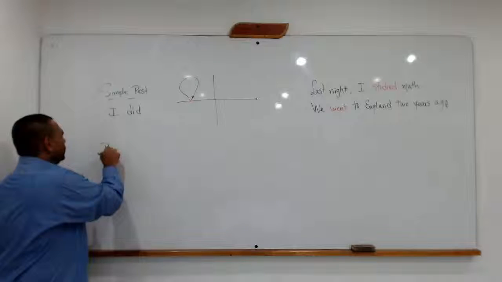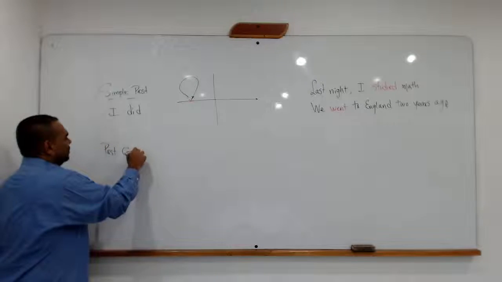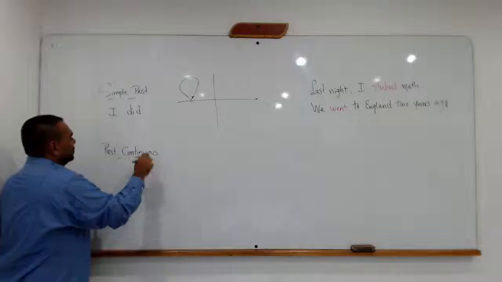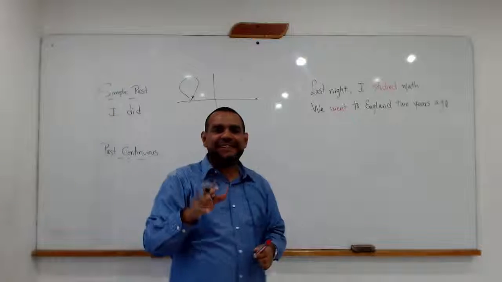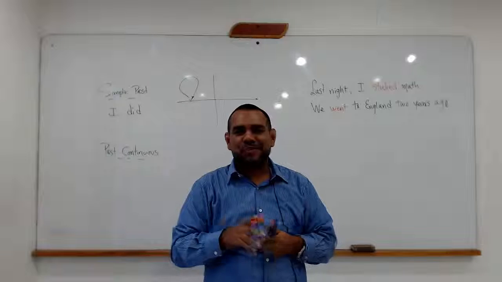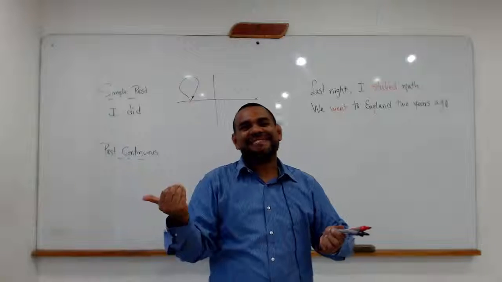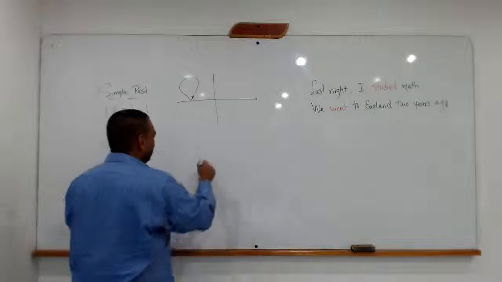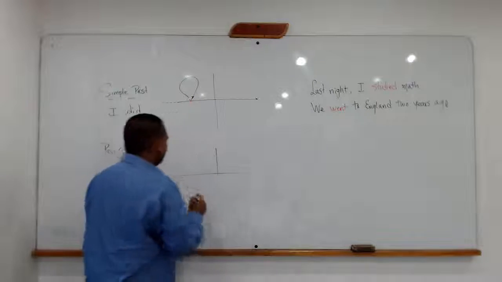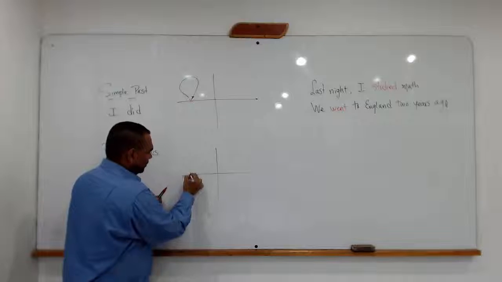Now, past continuous. Past continuous, let me tell you and let me put it in these terms. Past continuous is the same present continuous, but in the past. Great. Simply this way. So, another example, look at this.